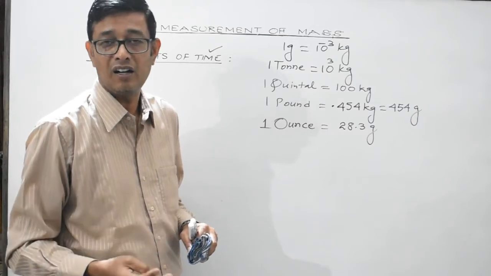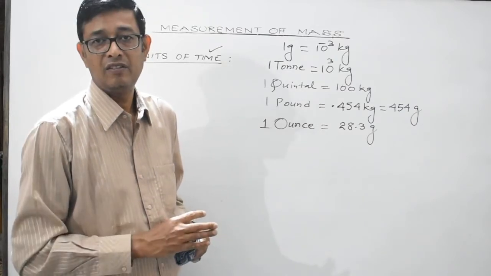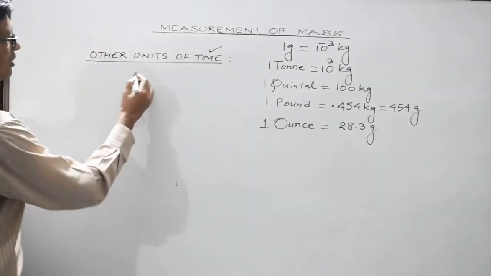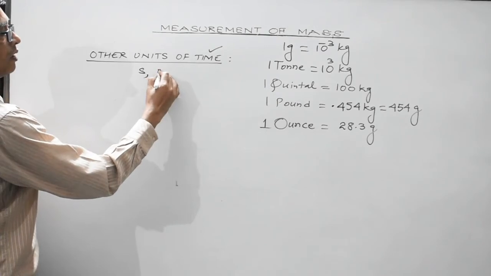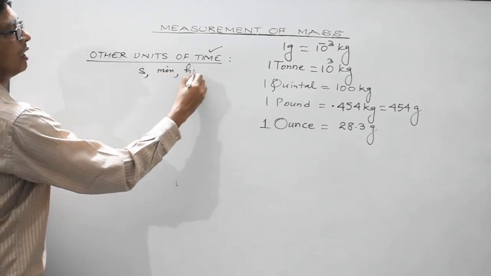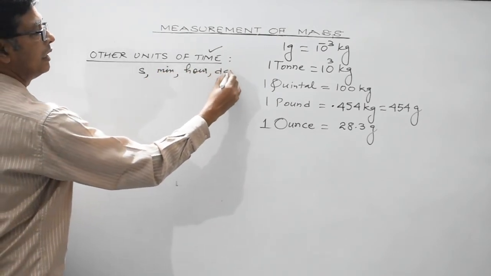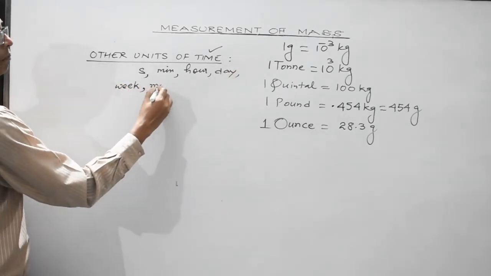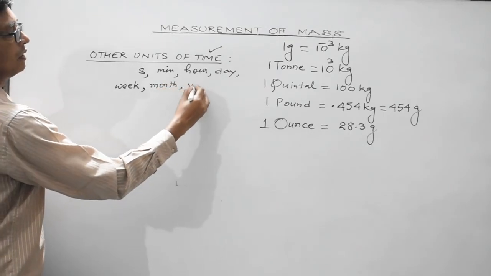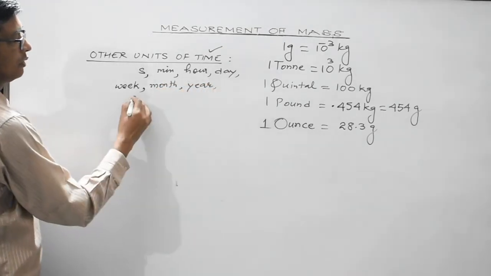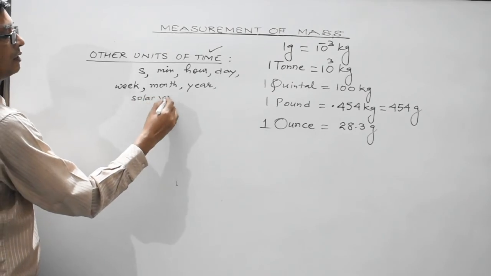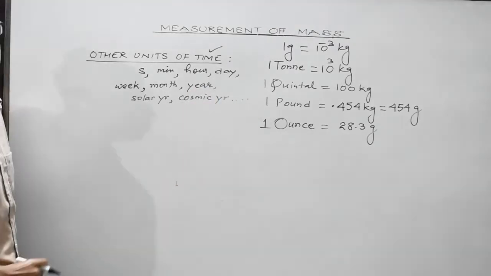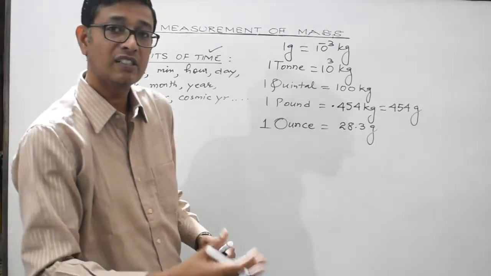Second, minute, hour, day, week, month, year, solar year, cosmic year. So these are all the units of time, right?